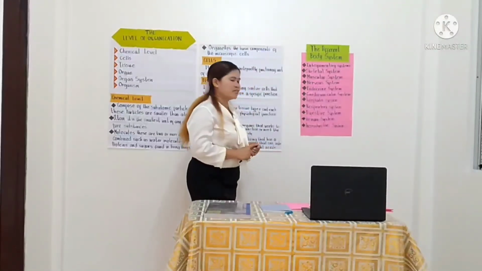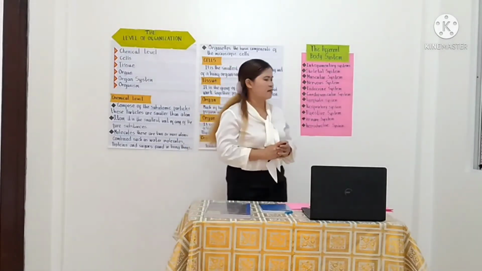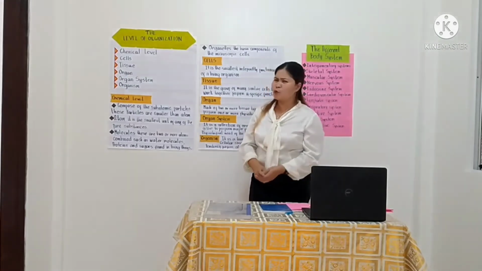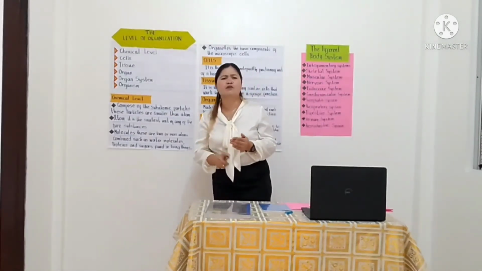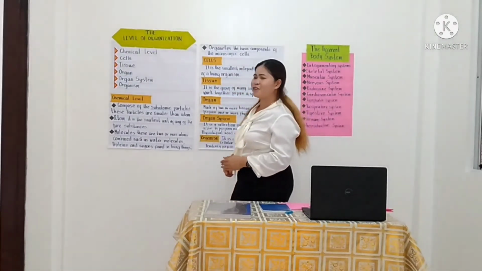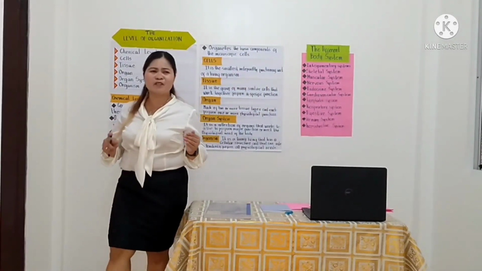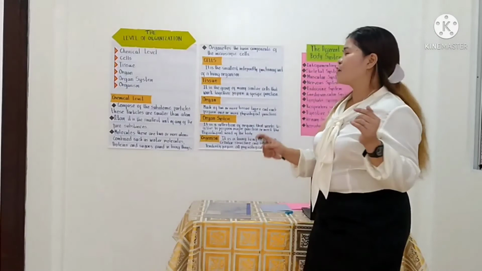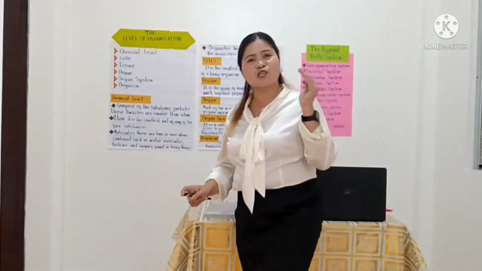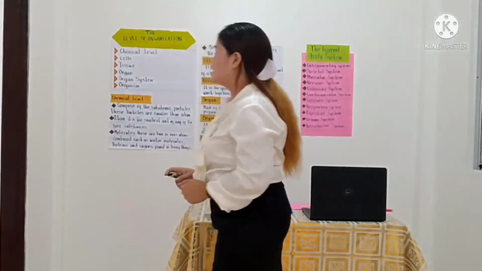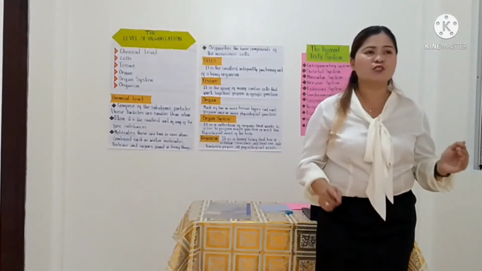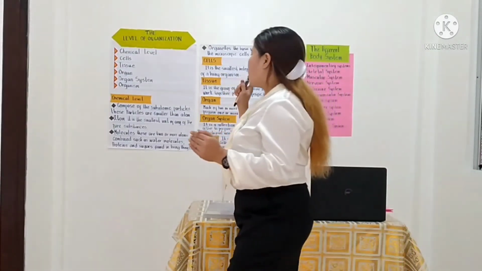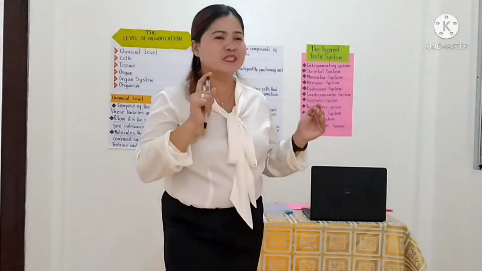So since we are done with our lesson, let's have now a short review. What are the 6 levels of organization? Okay? Okay, very good. Yes, wow. Okay, the 6 levels of organization are the chemical level, the cells, the tissues, the organs, the organ systems, and the organism.